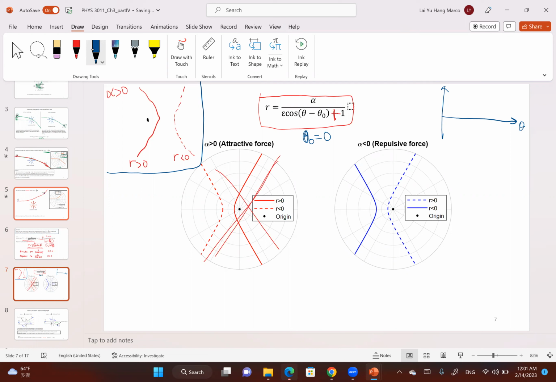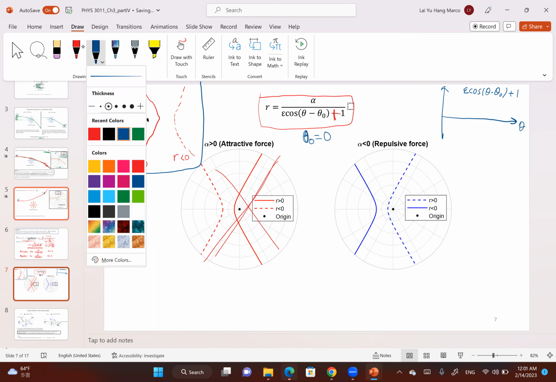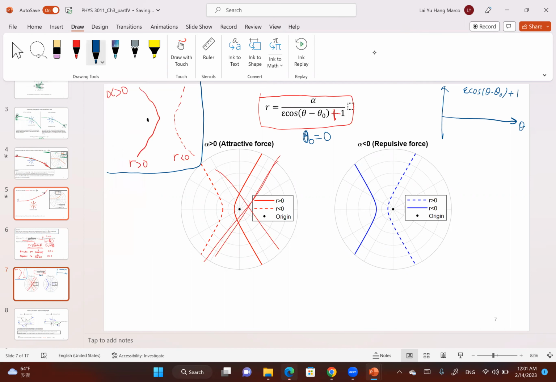If I plot this curve, I get a curve that looks like this.